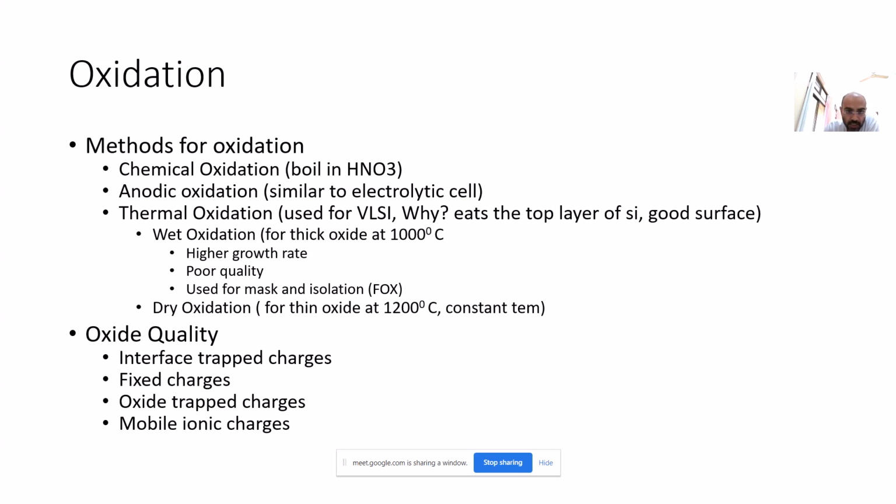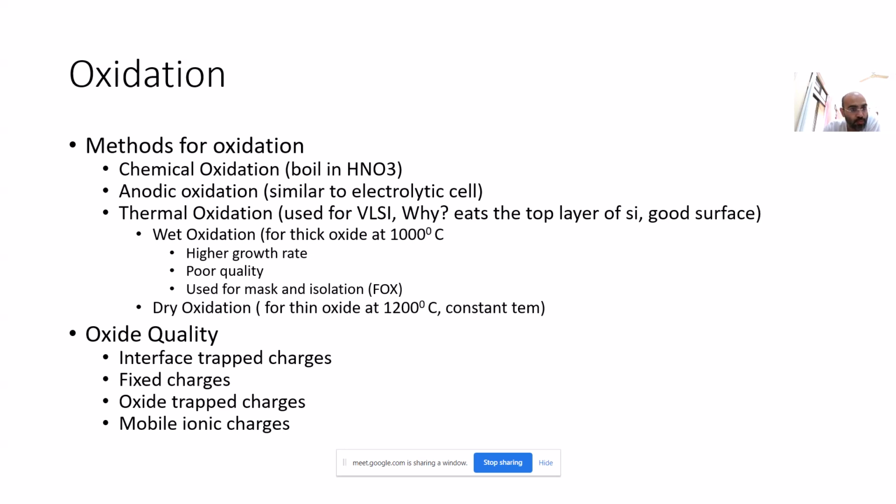You apply some voltage and the reaction takes place on the anode, and the silicon is used as an anode. So the oxide grows on that silicon surface.